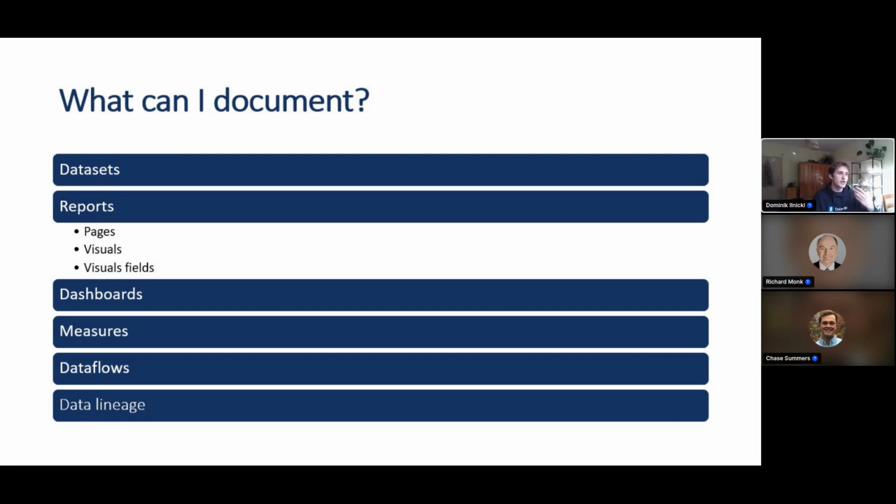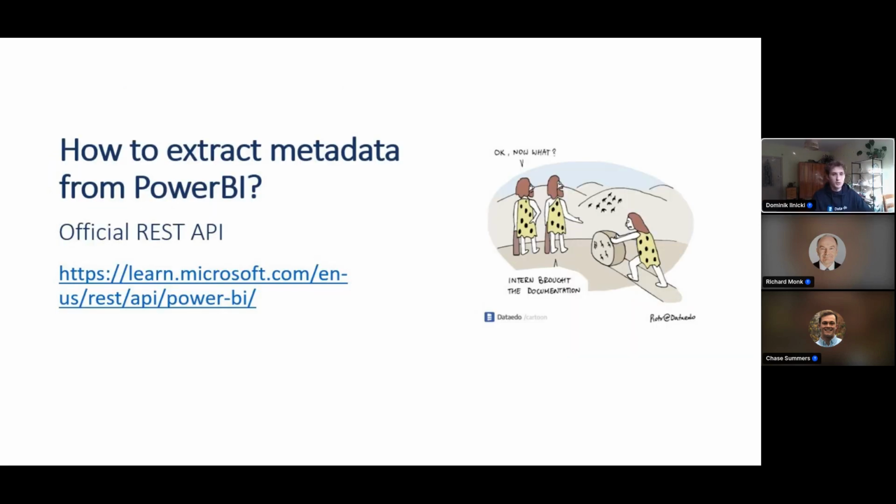So this is what we can import from Power BI, but how can we do it? So there is an official REST API provided by Microsoft for Power BI, and this is what we use while creating our Power BI connector in Dataedo.